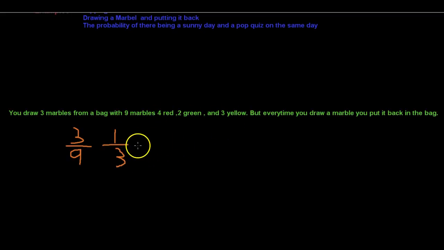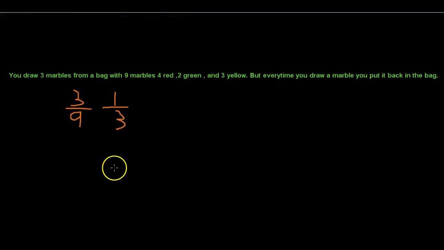Okay, and then we put that marble back. So now we have another 1/3. So here's our first 1/3. But now we're going to draw another marble, and that one ends up being yellow again. So once again, we now have another 1/3 chance of drawing that.